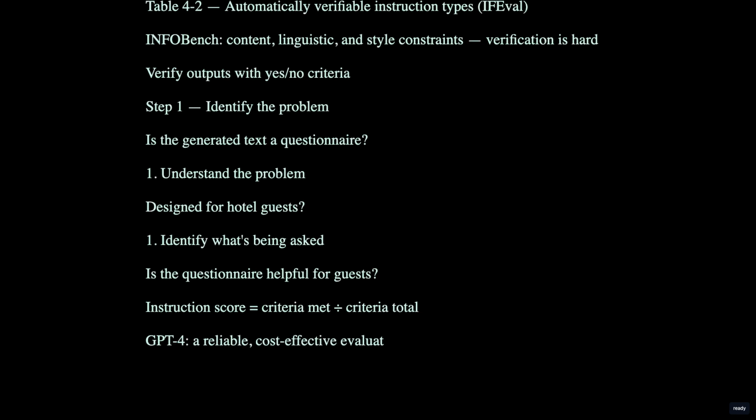The INFObench study tested GPT-4 as an automatic judge for model outputs. They found GPT-4 is reasonably reliable and more accurate than MTurk annotators, though it still lags behind expert human judges. Based on this, the authors conclude their benchmark can be automatically verified using AI judges.